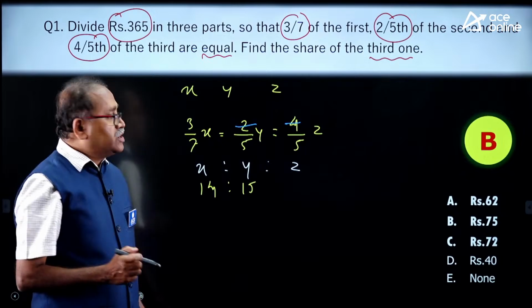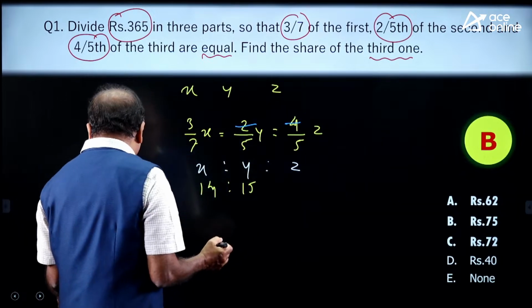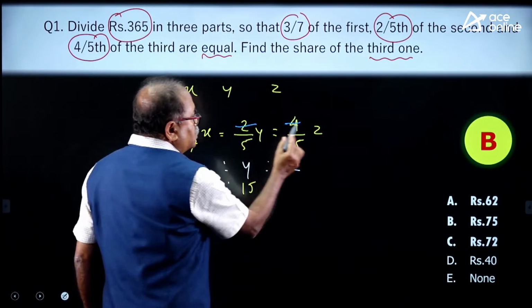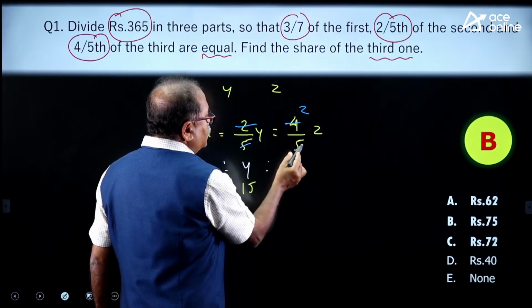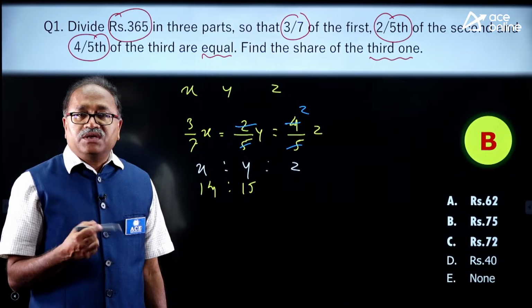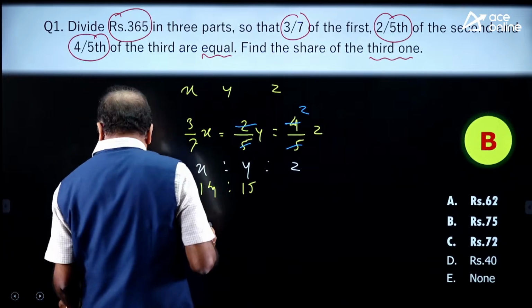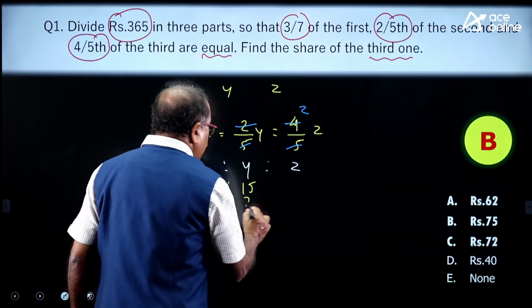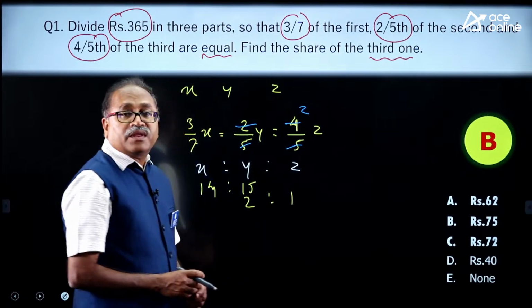Coming to y to z, I notice that it is getting cancelled. That is 2 times it's getting cancelled and this gets cancelled. So y is equal to 2z, that means y to z is 2 is to 1. So let's write down this part as 2 is to 1. Done.